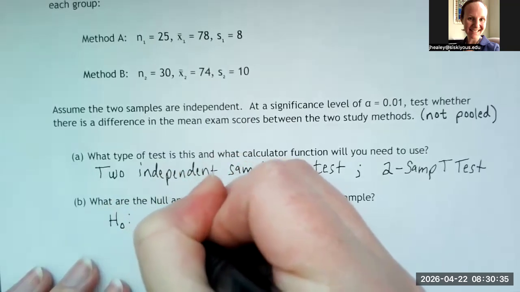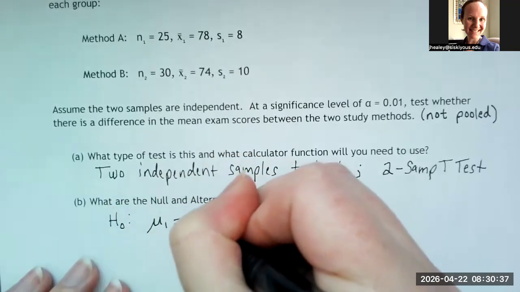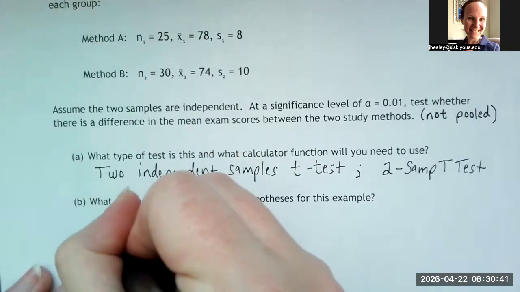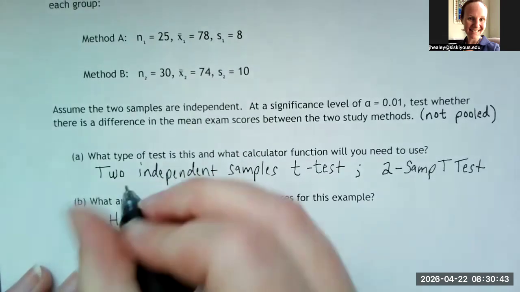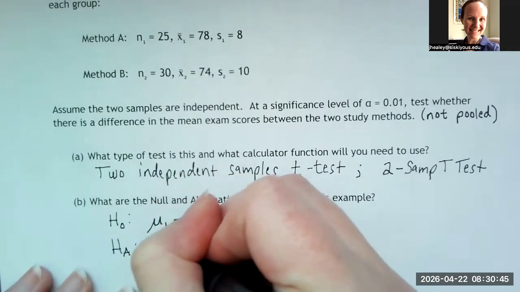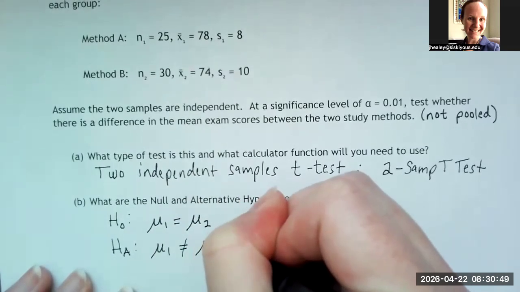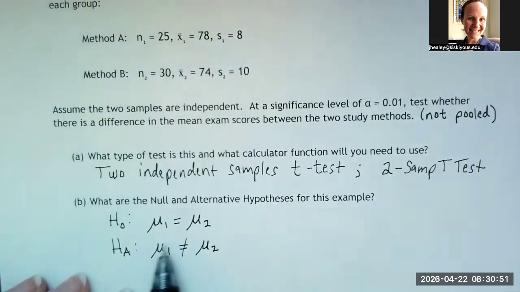So mean 1 is equal to mean 2. And then our alternative hypothesis is going to be that they're not equal. And so that means that exam scores for the first test could be higher than for the second, or the ones for the second could be higher than for the first. We don't know. This is a two-tail hypothesis test.